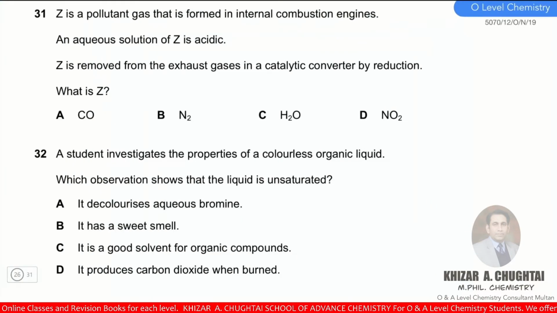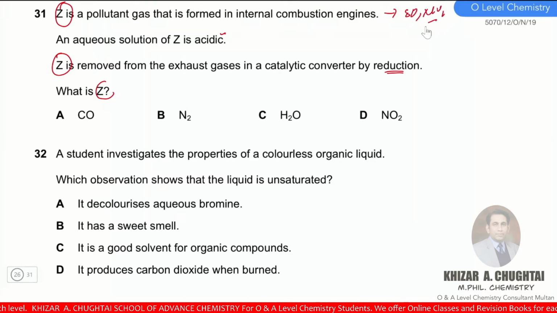Question number 31. Z is the pollutant gas that is formed in an internal combustion engine. An aqueous solution of Z is acidic. The second one is Z is removed from the exhaust gases in the catalytic converter by reduction. So what is Z? Z is the pollutant gas formed from the internal combustion engine and its solution is acidic. There may be SO2 or NO2 gases.